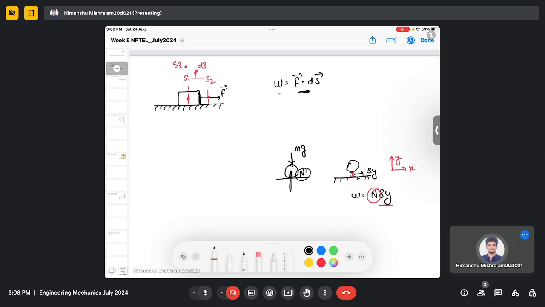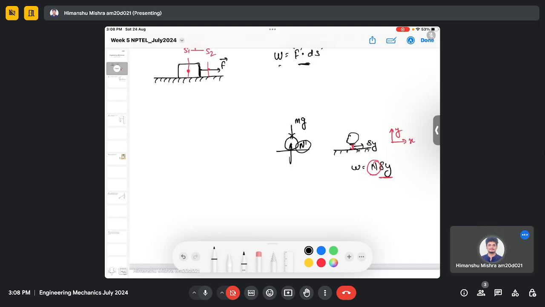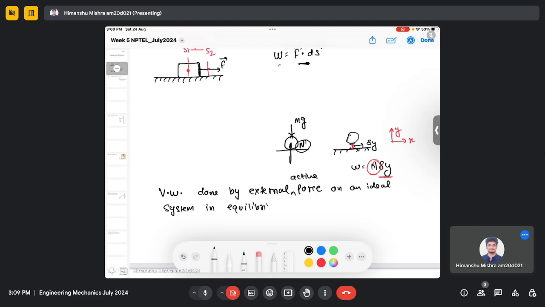So what does the virtual work principle state? It states that the virtual work done by external active forces on an ideal system in equilibrium is zero for all virtual displacements. All the forces responsible for the virtual work done are the active forces.